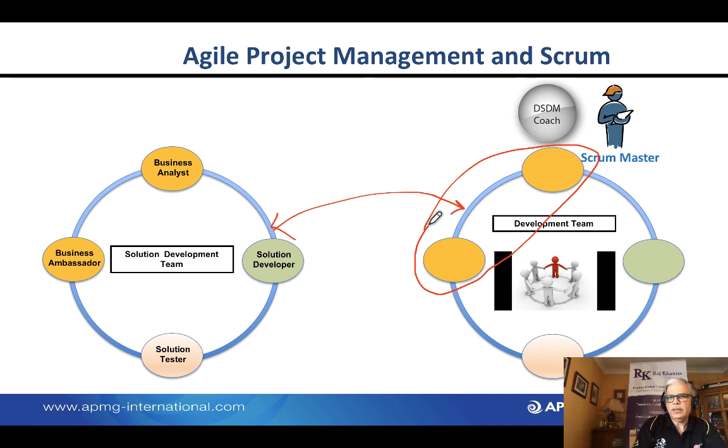So in our case, the 2 people from the laboratory would have been the equivalent of the business ambassador within the development team, representing the business, i.e. the laboratory. This was our developer, and this would have been the tester.